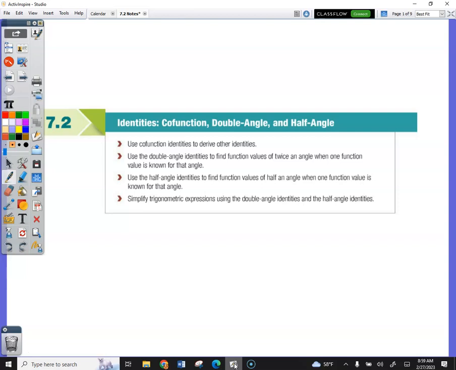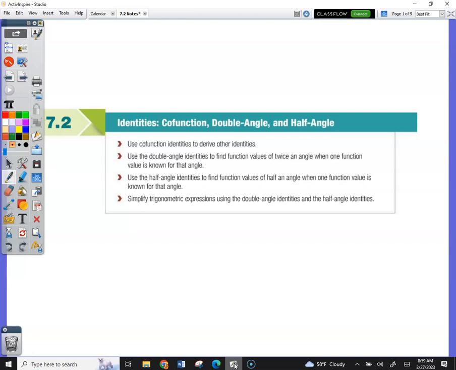If you go to where it says double angle towards the bottom, notice it says sine 2x, tan 2x, cosine 2x. That's the implication of it being a double angle. And if you look at the half angle part, notice it says x over 2 for all 3 of them. That's the implication. It's a half angle, okay?